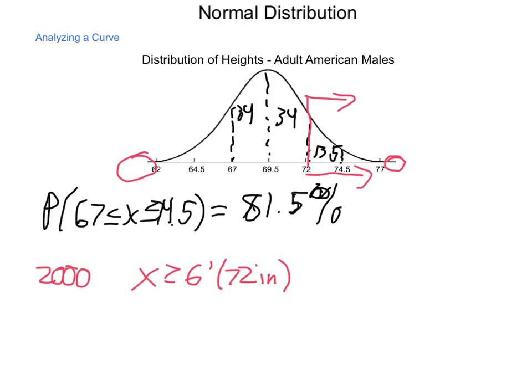We know that half of the data falls below the mean. So we have half, or 50%, and to that we're going to add the section that is not included, and that's another 34. So we're going to take our half and add 34 to it and get 84%. Now what's left is those that qualify for what we're looking for.